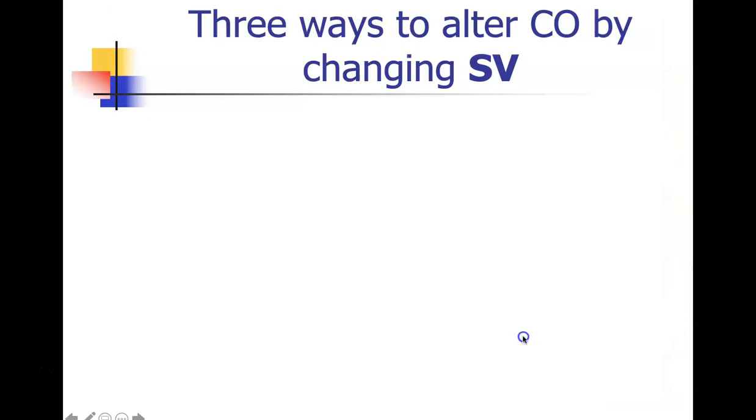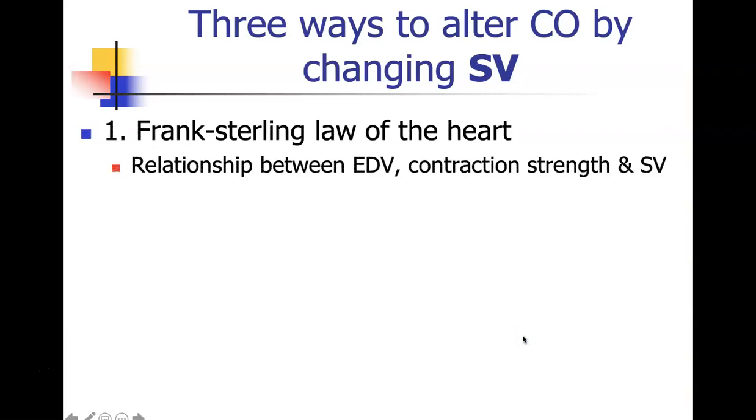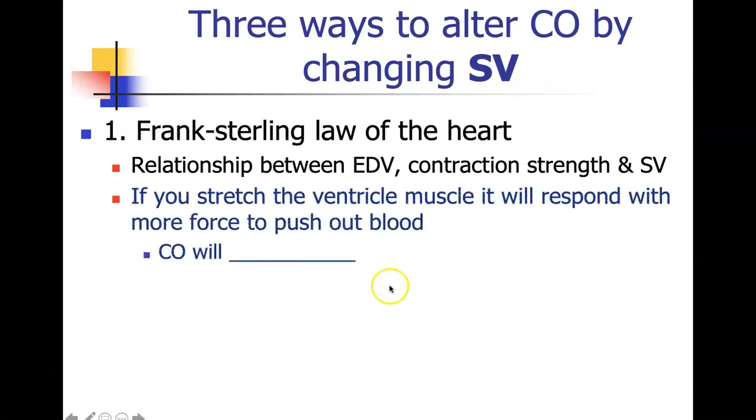In terms of regulating stroke volume, there's 3 ways in which we can do this. The first is the Frank-Starling law of the heart, which is a relationship between that end diastolic volume, contraction strength, and stroke volume. And if you stretch the ventricle muscle, it will respond with more force to push out blood.